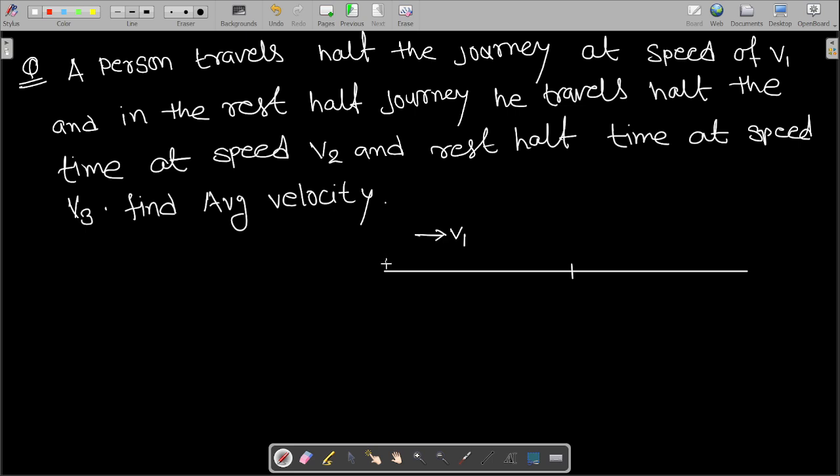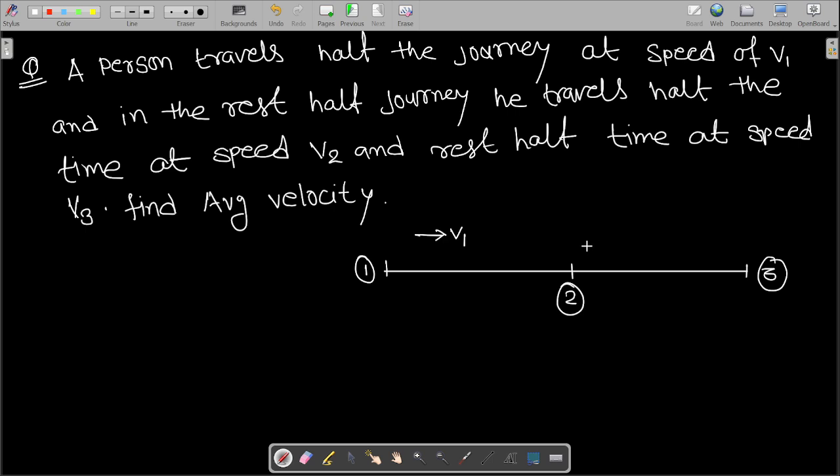Suppose this is point 1, this is point 2 and this is point 3. From 1 to 2, it is given in the question that half the journey is traveled at a speed of v1.